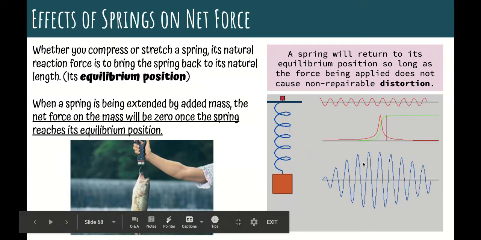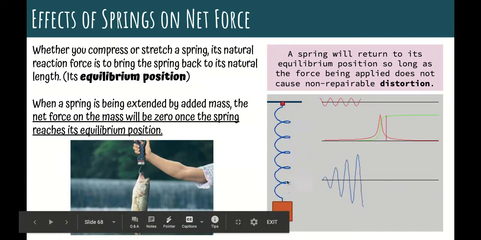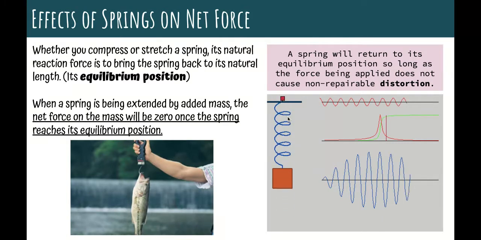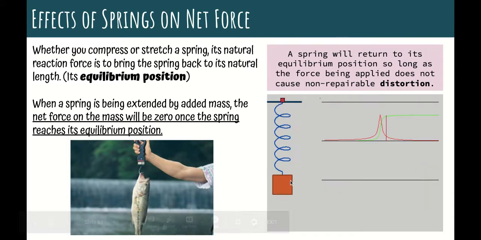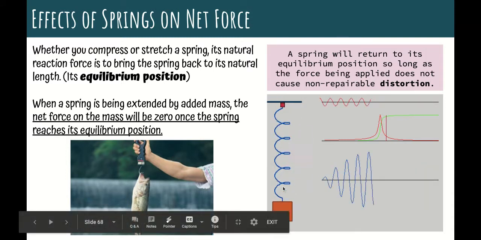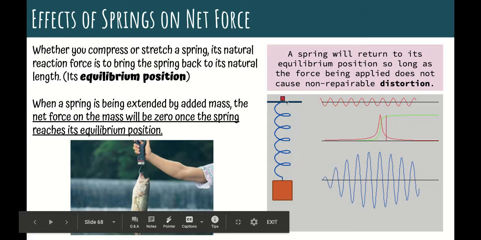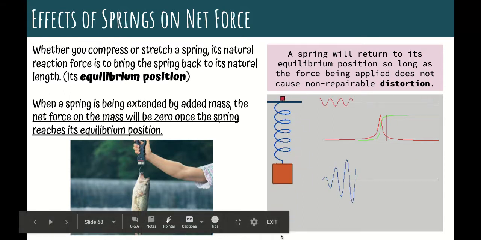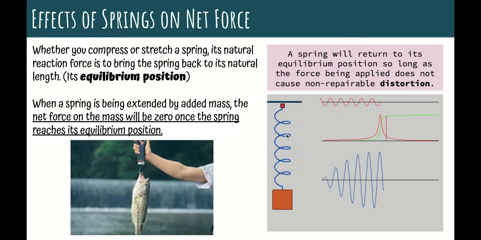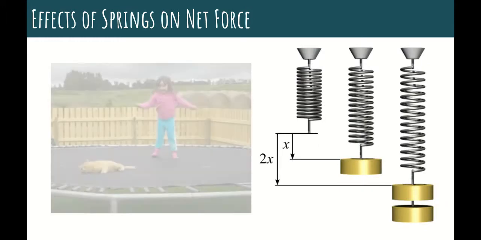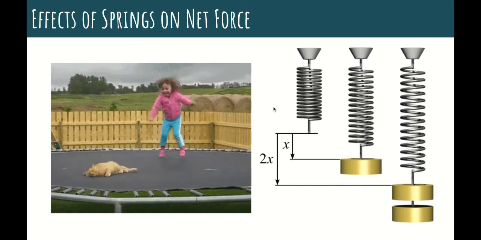At that point, the net force on the mass is going to be 0, because obviously the spring is applying a force, right? In this case, it's trying to pull itself back to its natural position. So it's applying a spring force in the upward direction, and we know that the force of gravity is pulling this mass downward. Eventually it'll balance out and you will end up with an equal spring force and gravity force.